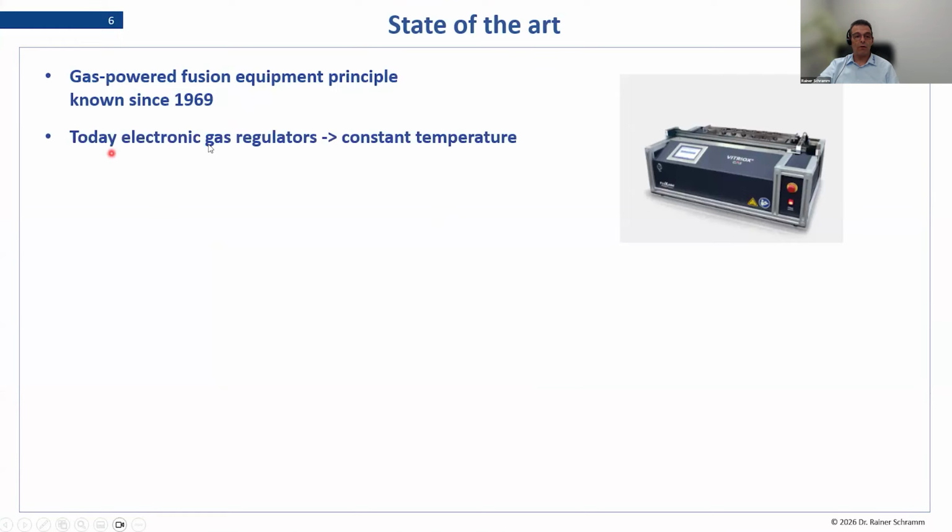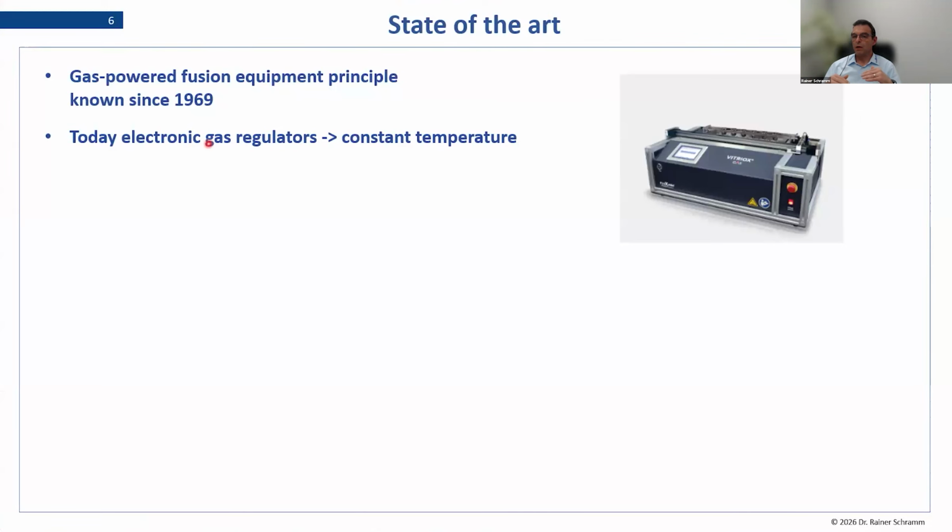And nowadays we have electronic regulators which absolutely guarantee that the temperature is always the same. It's only the measurement of the temperature which makes some difficulties. And there we use an indirect measurement over the analytics, that, for example, you take the sulfate in a cement and you just look how much sulfur you find in your analysis.